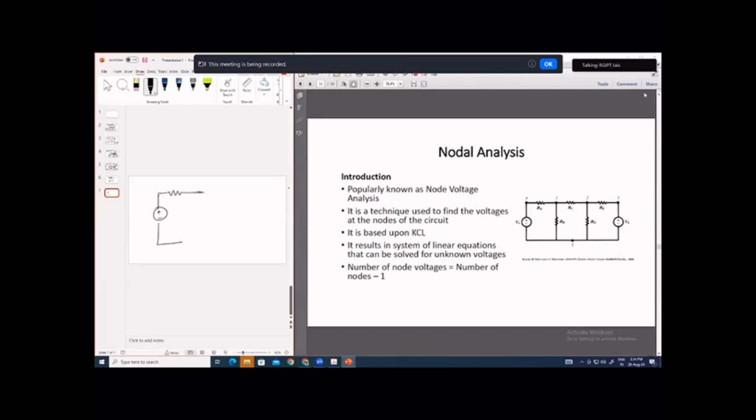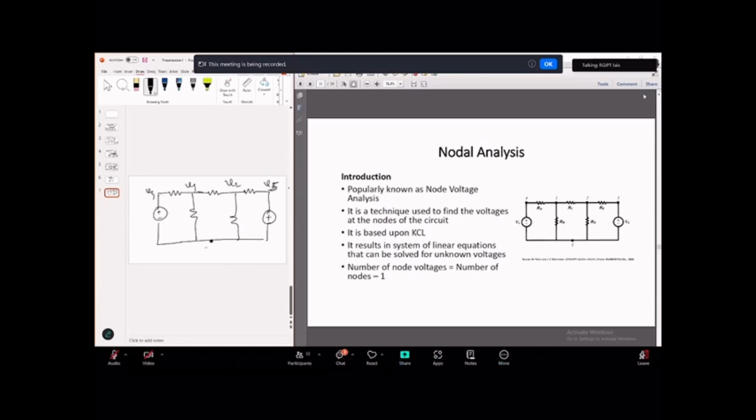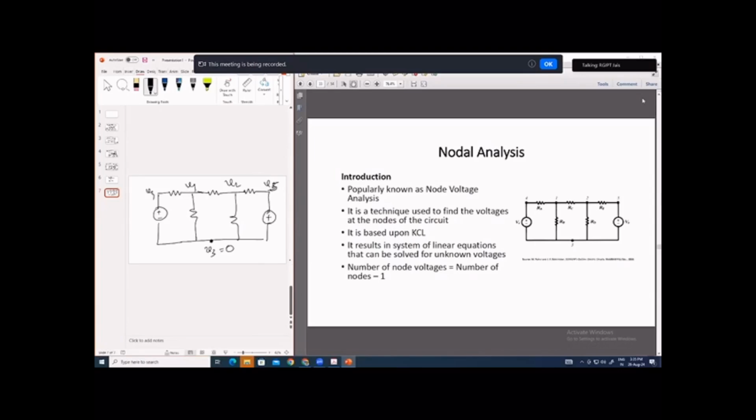This is RA, this is RC, this is RE, again plus minus. This is V4, this is V1, this is V2, and this is V5, and this is V3. I have told you that V3 we consider as 0 since it is the reference node.